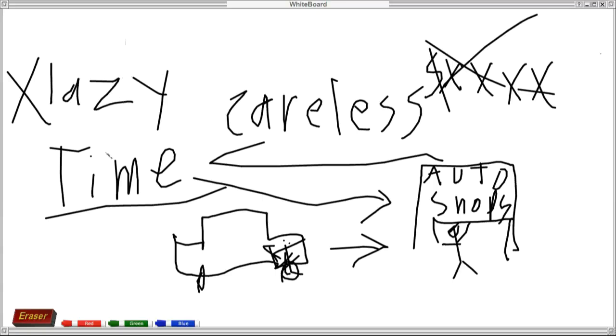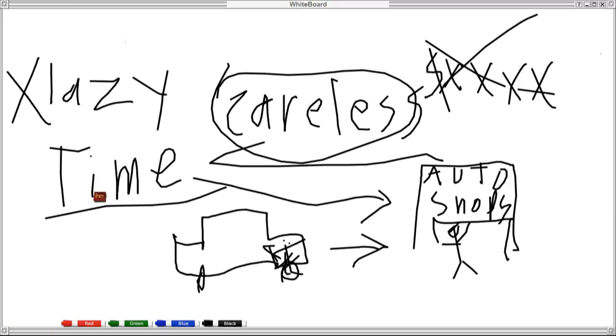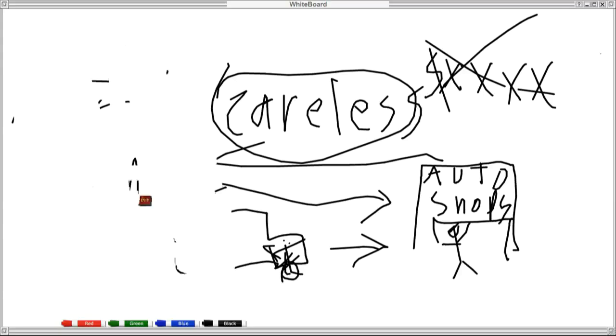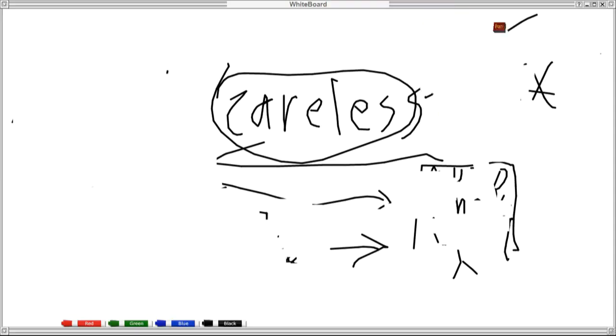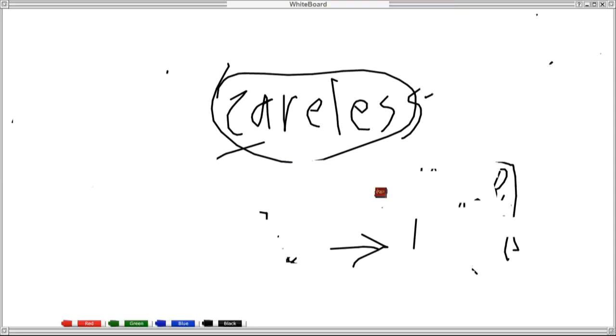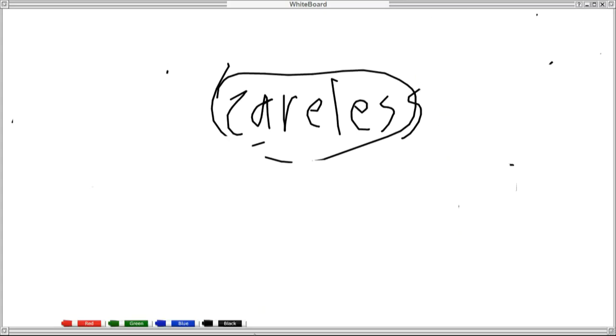But anyway, people are lazy. People don't have time and all, and more people drive carelessly. There's a lot of people that drive batshit crazy, like a bat out of hell. And the thing is this: people are careless, not everyone, for the most part.